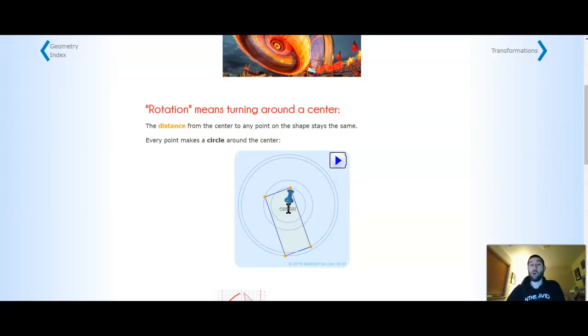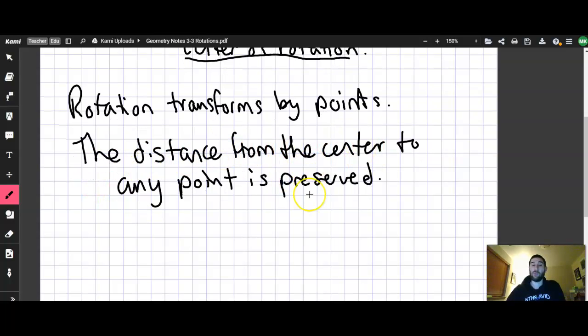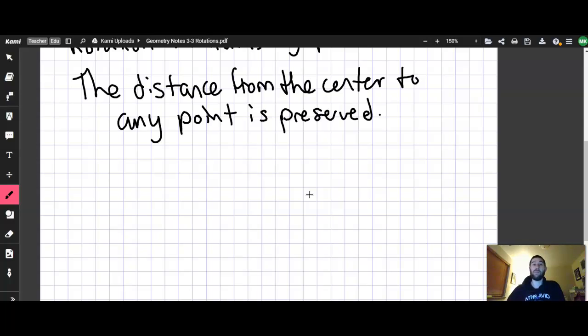A translation was always moving by the same amount, in the same direction, by the same distance. And so that's a good point, pun intended, to be paying attention to here, is that the distance from the center is preserved, but the points themselves move different distances.